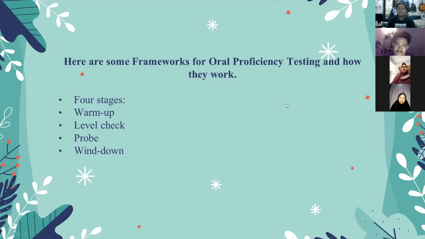And the third, probe. In this phase, test takers go to the height of their ability and extend beyond the limit of the interviewer's expectation. Through probe questions, the interviewer discovers the test taker's proficiency.